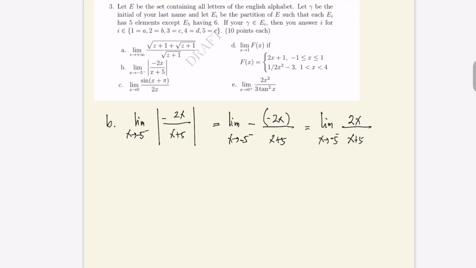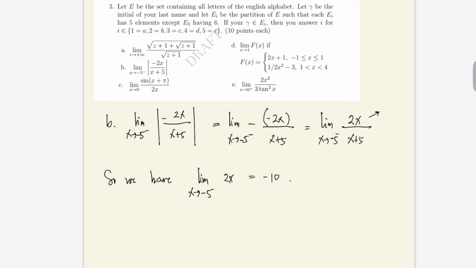Our problem is that the denominator becomes 0, but the numerator is actually negative. So we have the limit of 2x as x approaches negative 5 from the left is negative 10.